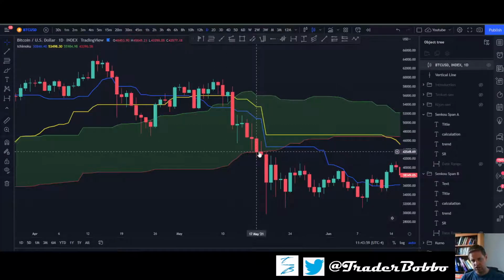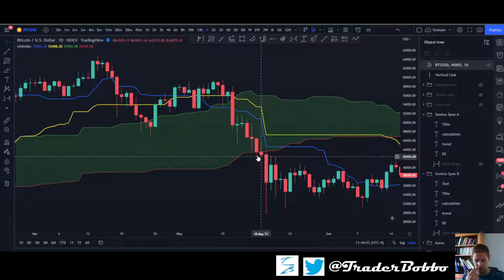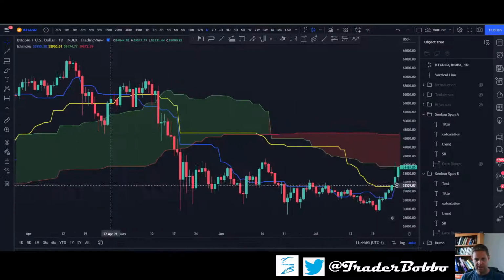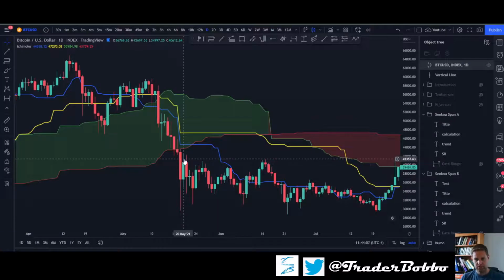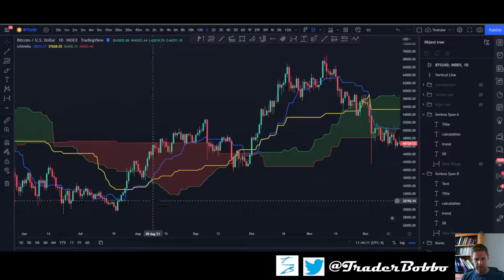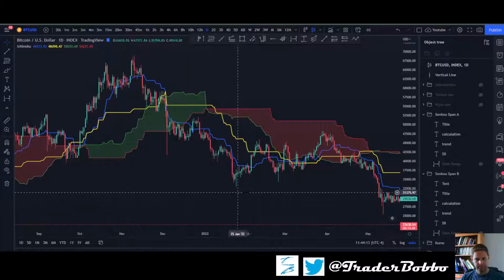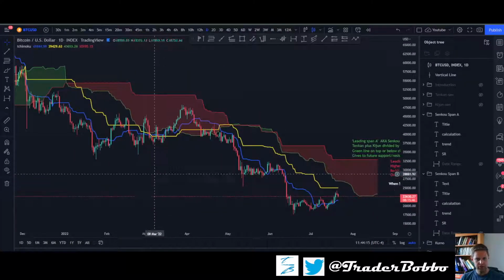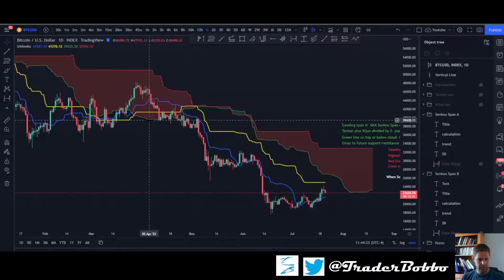You can see it kind of stopped there, and it stopped at 42. Anyone who's been in Bitcoin for a while now, 42 is an SR level. It was the top of the summer range. And what you can see as well, if you look back in time, any straight lines, you've got the Kijun and the bottom of the cloud, which is the Senkou span A. It gives future.